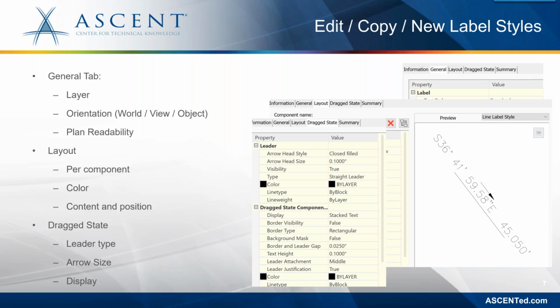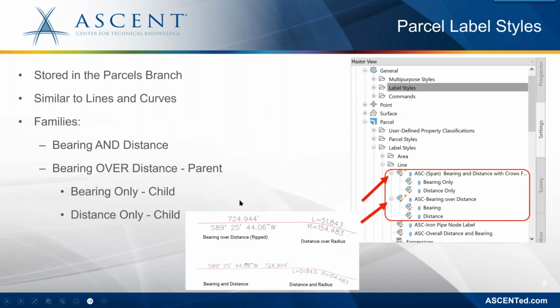So if it is stacked text, that's where we can actually have a border around the stacked text and what the border type is, color of the border type, yada, yada, yada. So those three, the general tab, the display tab, and the drag state, those are universal for all labels within Civil 3D.